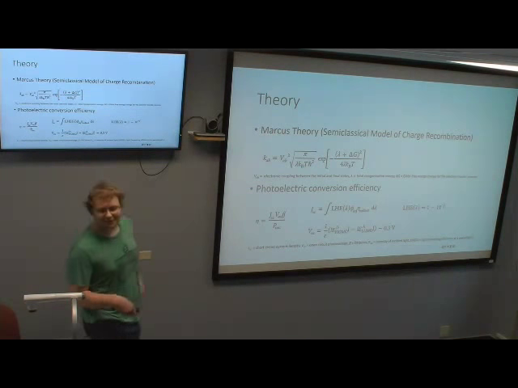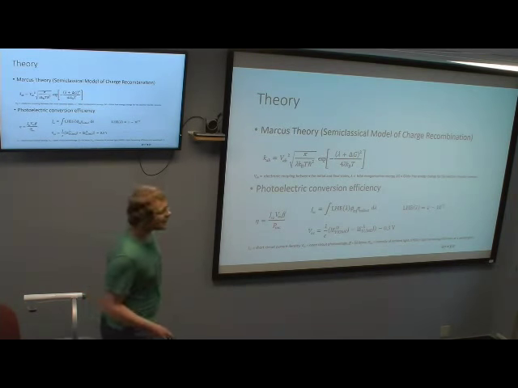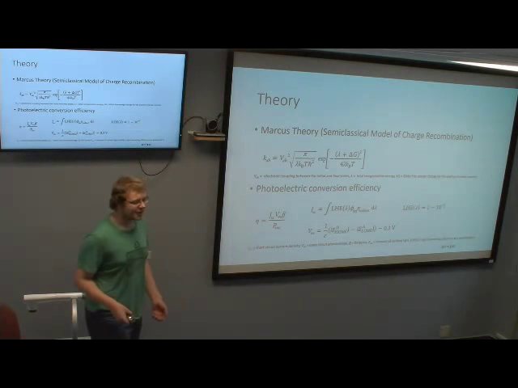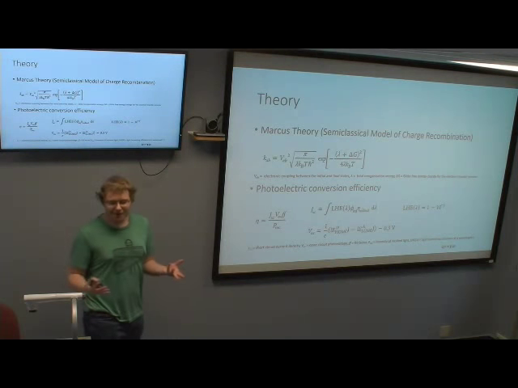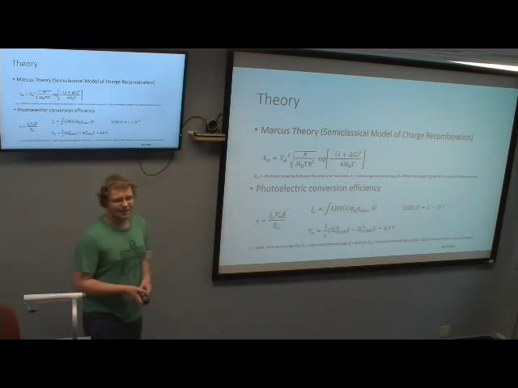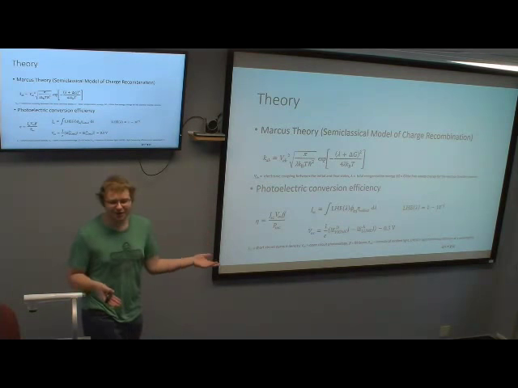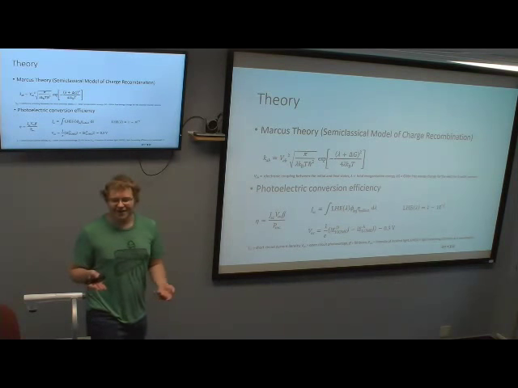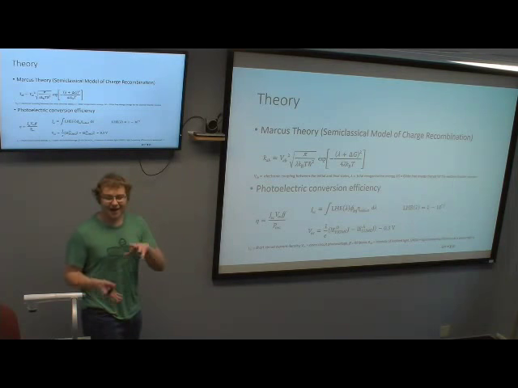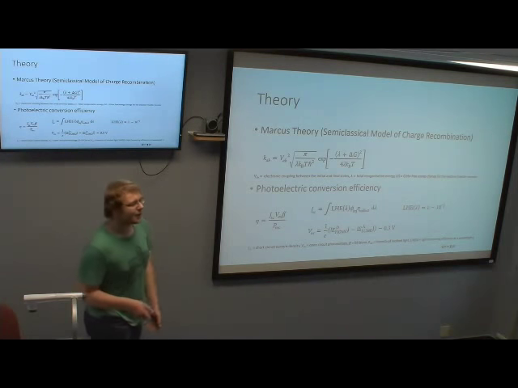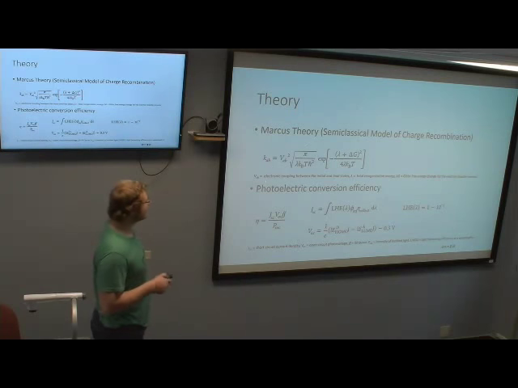Which charges do recombine? In this case, we're talking about the electron-hole pair: the electron is excited, and so it creates an electron-hole pair. Then the recombination, if I'm not mistaken, is the electron moving back into the hole, and that's what this is looking at.